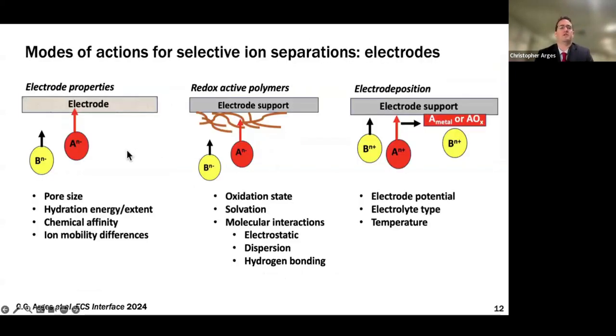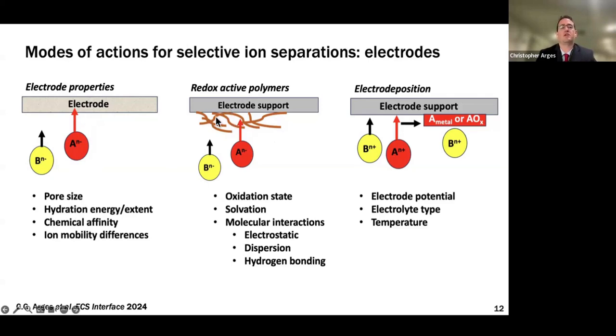So the modes of action, like in porous electrodes, we can think of, okay, we want to take ion A over ion B, so the porosity of this material, the hydration energy extent, like when you shed its solvation shell, the electrode material properties could affect that perhaps, and that would enable a selective separation. Chemical affinity, right? You could modify this electrode material where it prefers one ion versus the other. And then you could exploit the ion mobility difference where you've modified the electrode in such a way where ion A is going to move faster across it than, say, ion B. I'll tell you a little bit on the next slide about these redox active polymers.